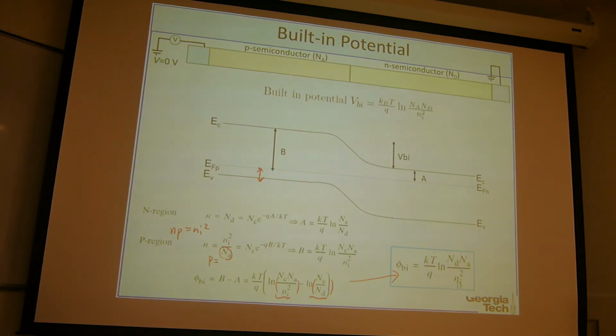Ni squared is a constant, the intrinsic carrier density at a certain temperature, but Na and Nd are your doping densities. So if you have higher doping, the barrier is larger.